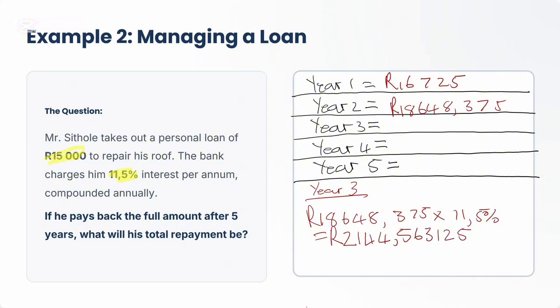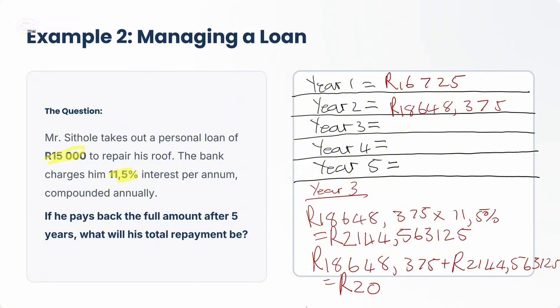Now we add our year 2 amount, 18,648.375, with the interest that we just got, 2,144.563125. That should give us an answer of 20,792.93813.